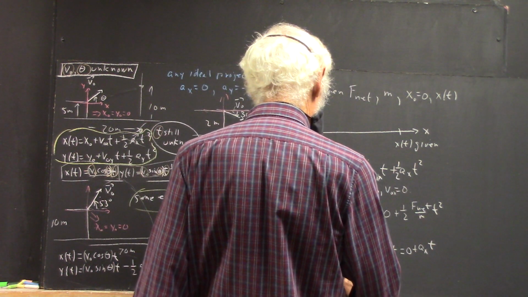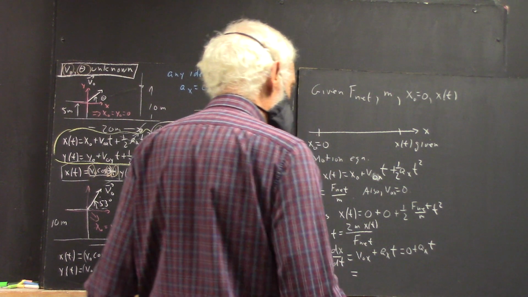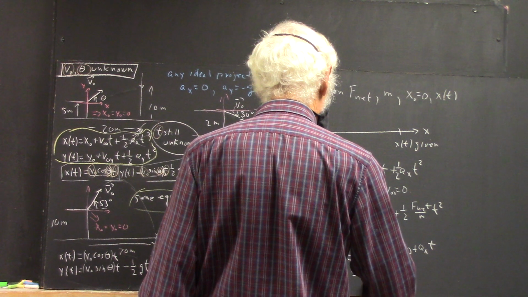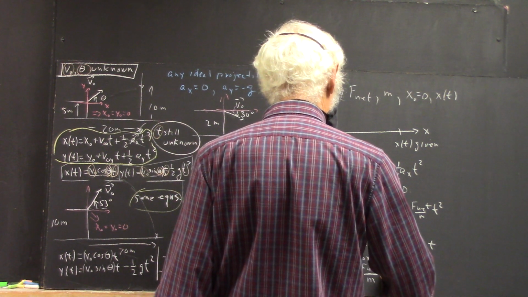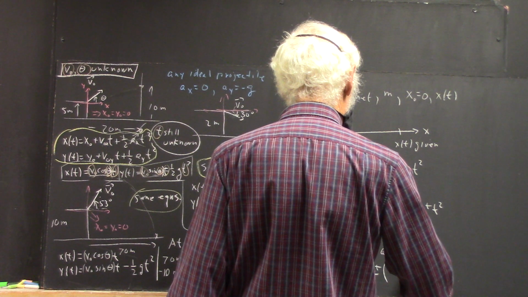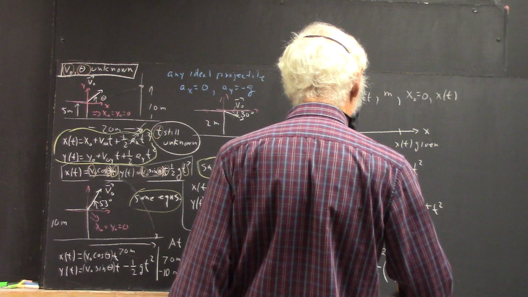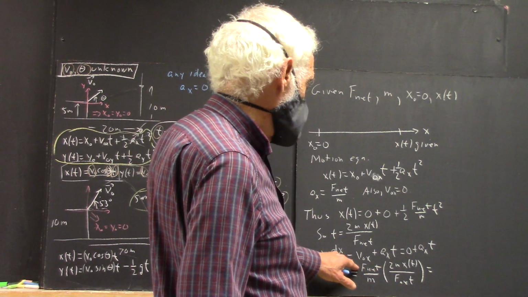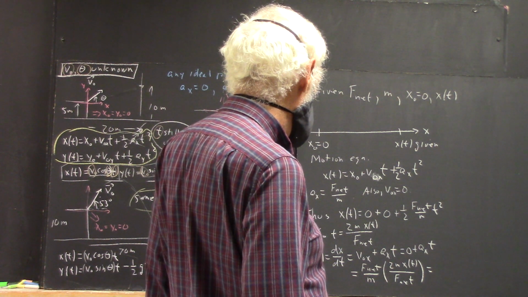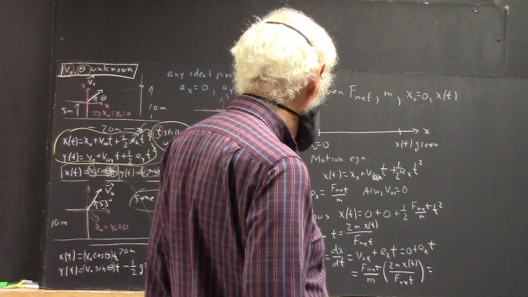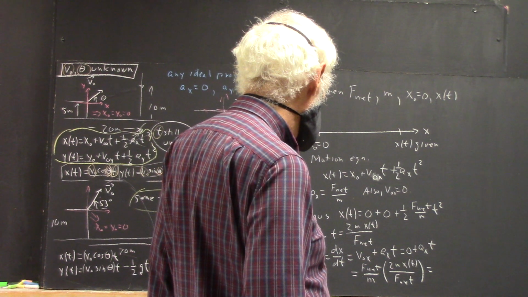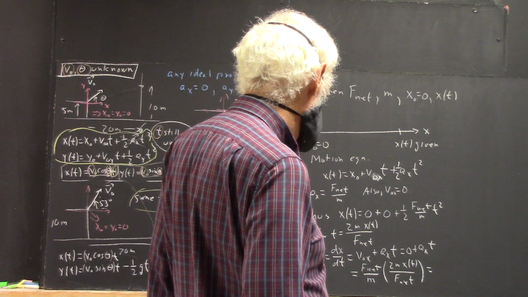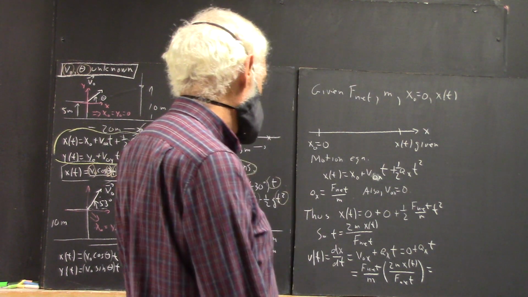Well, so you get 0 plus ax t, which is just ax t, but ax is F net over m, and t is 2m x of t over F net. So it turns out it doesn't matter what F net is. Something's not terribly wrong here.